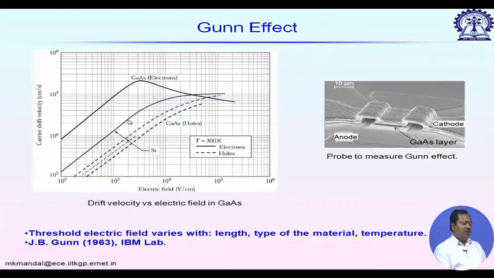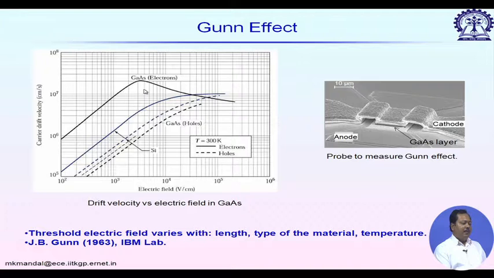In this chart we are comparing the carrier drift velocities for different types of materials, for electrons and holes. If I look at silicon, both for electrons and holes, the carrier drift velocity increases with the applied electric field, and at some point it reaches a saturation value.